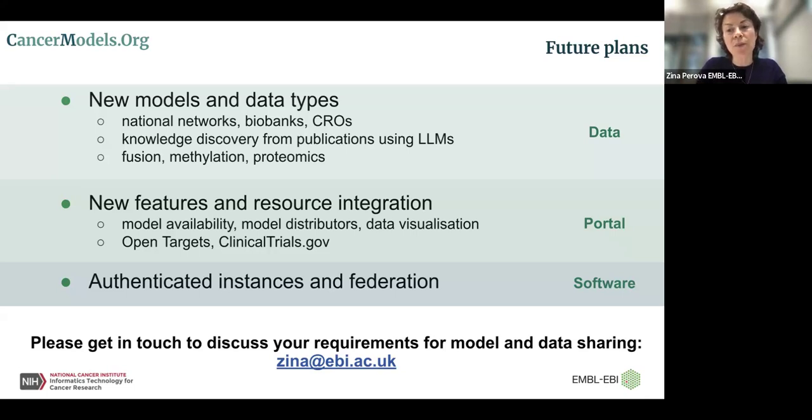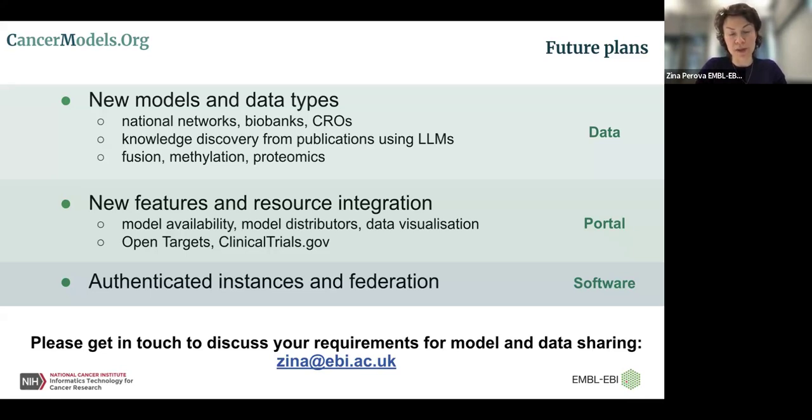In terms of the portal development, we're looking into integrating new features and new resources. We're working on ensuring that model availability is very clearly indicated within the platform. We're also adding more model distributors.